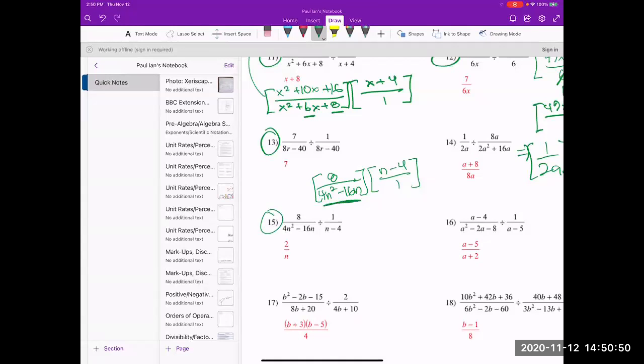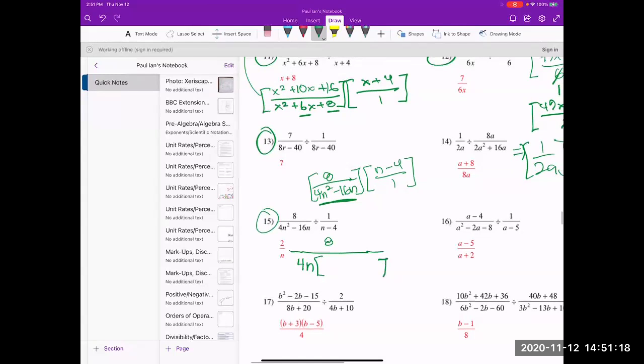The bottom, not yet. Well, the bottom you can factor something out, right? Yeah. What could you factor? You would technically like the 4 into 16, right? So that would be 4 is the least one, right? Yeah. So you can take out 4, and what about the n? This is the least one as well, right? Yeah. So 4n.